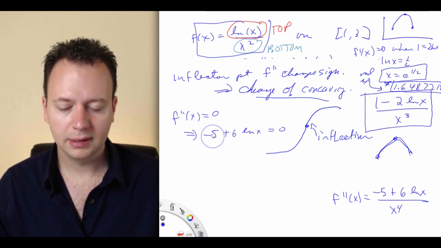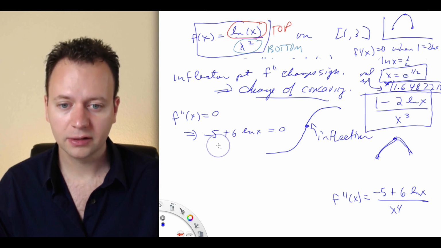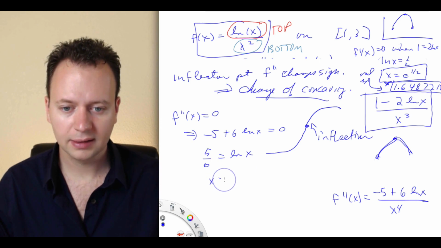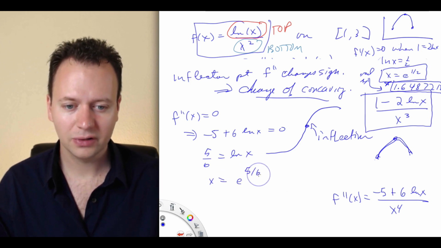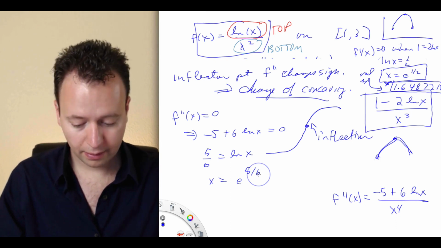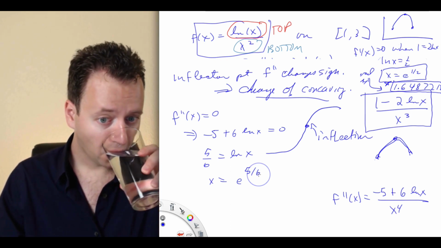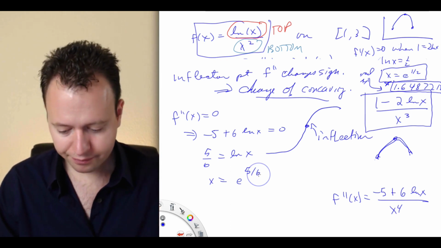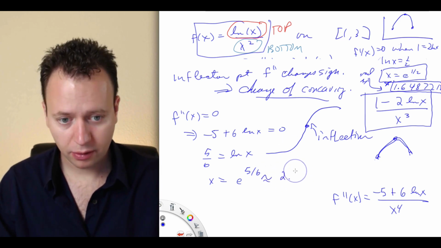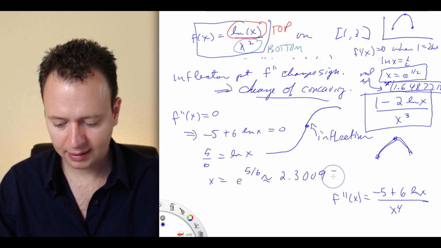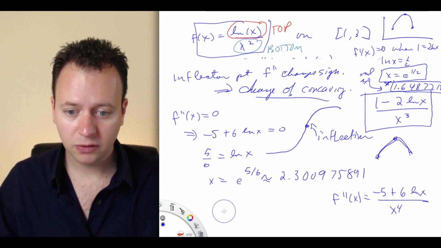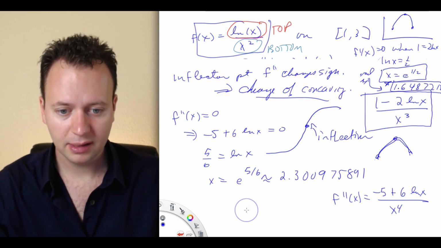So set 5 equal to 6 ln of x, divide by the 6. 5/6 equals ln of x, so x is equal to e to the 5 over 6. So that's at approximately 2.300975891. So there's a change of concavity at approximately this point.